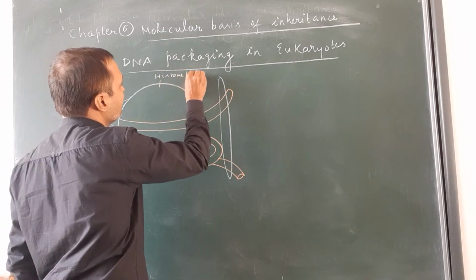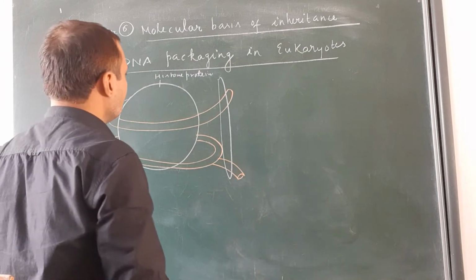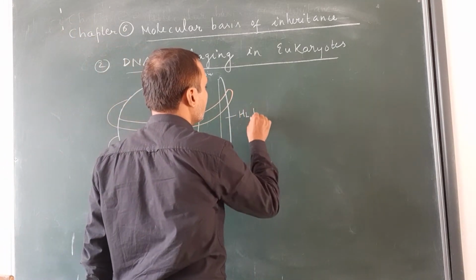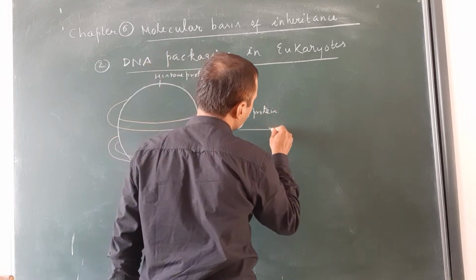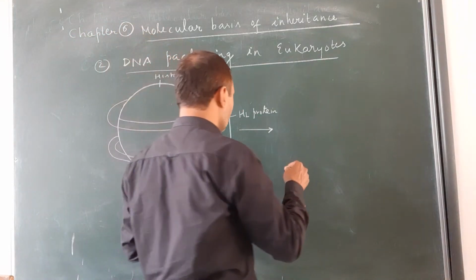The middle one is histone protein. This is the diagram given in the NCERT book, and this is known as H1 protein. When you see the internal structure of histone protein, it contains 8 subunits and 4 types of histone proteins.